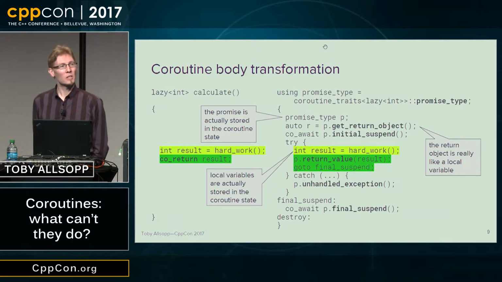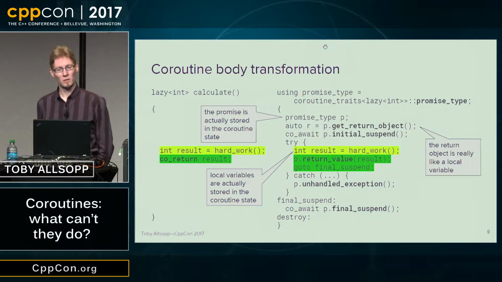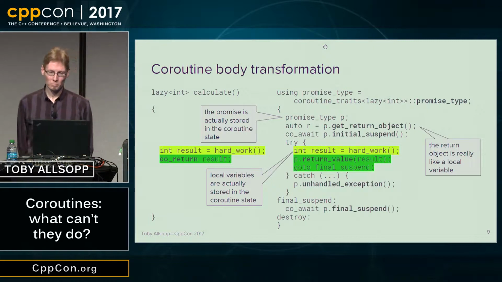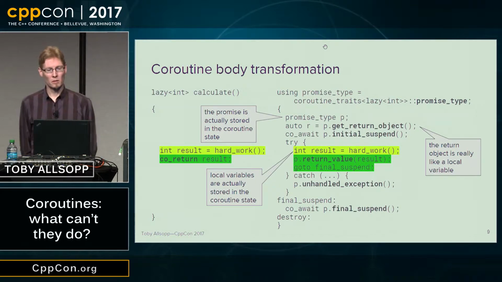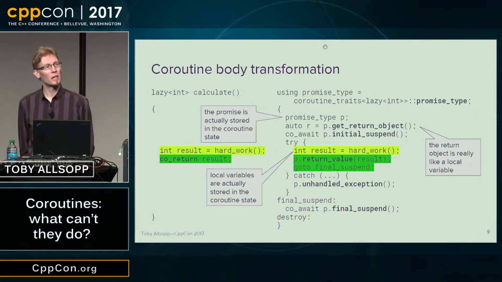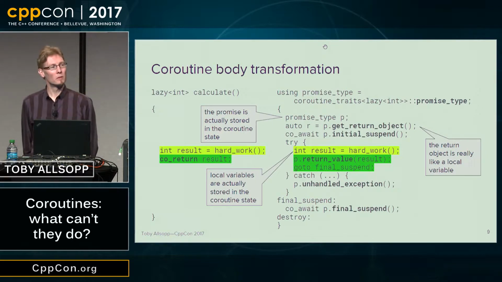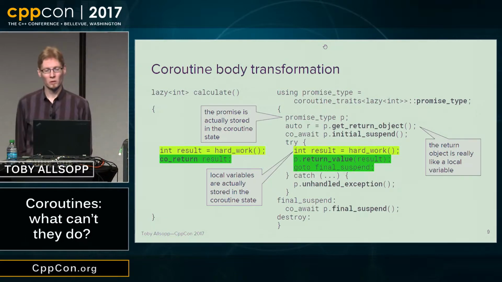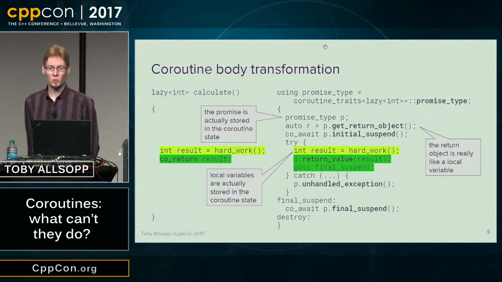If an exception is thrown by the coroutine body, the promise object gets a chance to handle that in its unhandled exception member. And then at the end of the body is the final suspend point, so the promise again gets a chance to suspend the coroutine at the end of the body, which is not useful for lazy, but it can be useful for other things. And then after that is the point where a destroy of the coroutine will jump to.